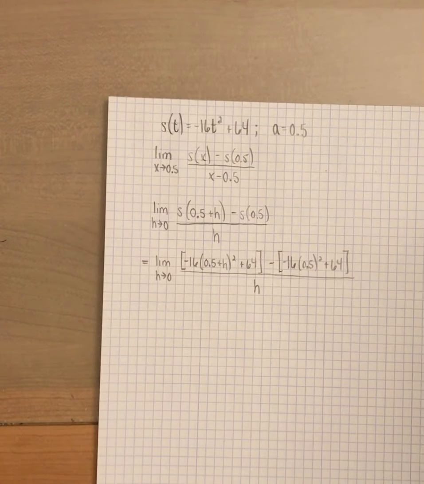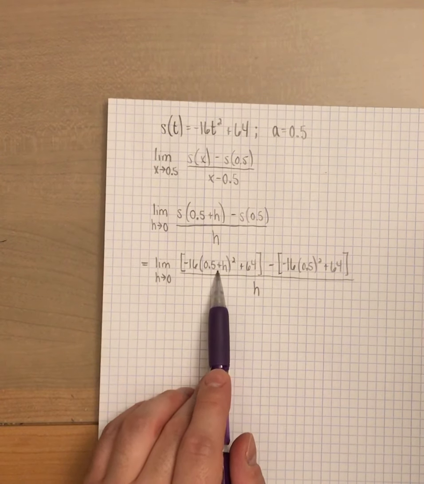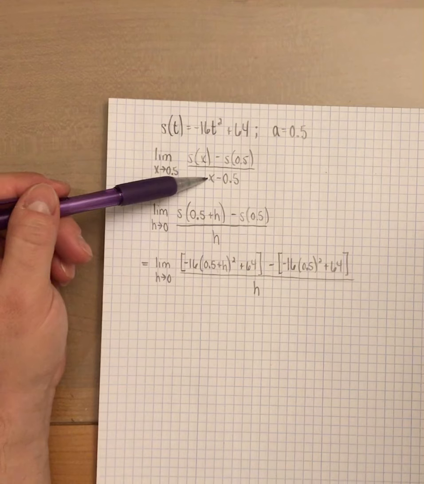And as horrendous as that might look, remember, these are all constants. This whole thing can be evaluated to a single value. This must be expanded as before. We write 0.5 plus h 2 times and FOIL it out. But it's much easier to FOIL this out than it would be to eventually have to factor the numerator and produce x minus 0.5.